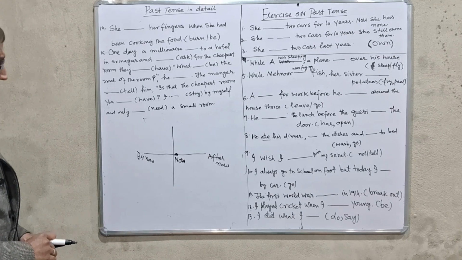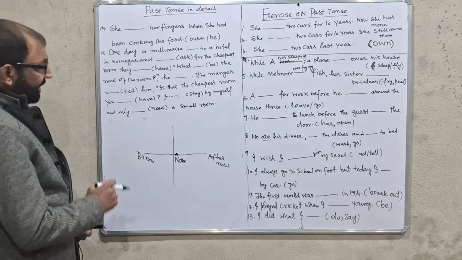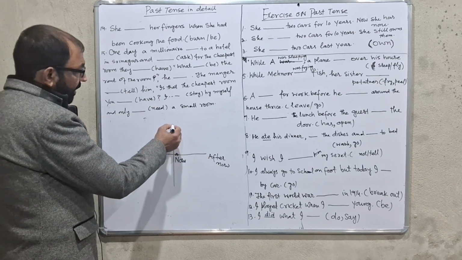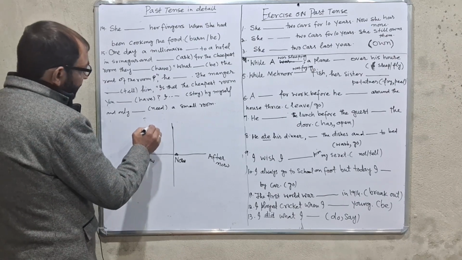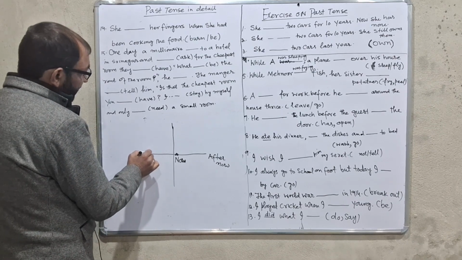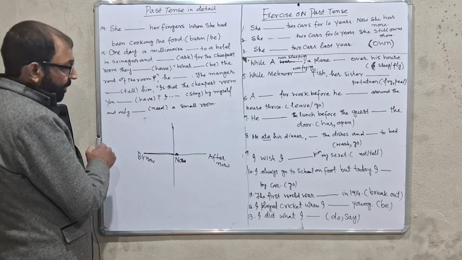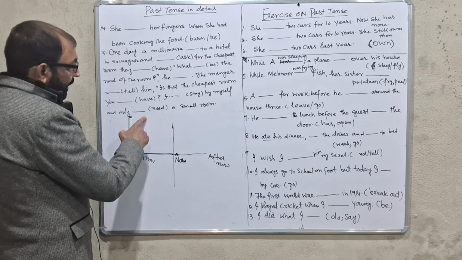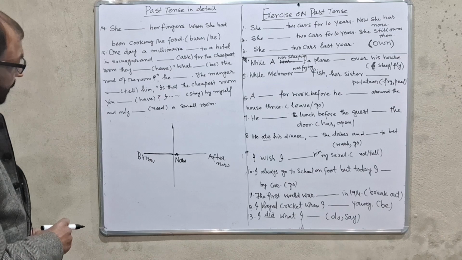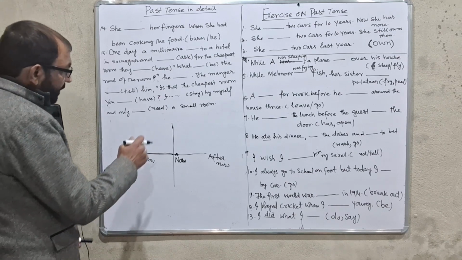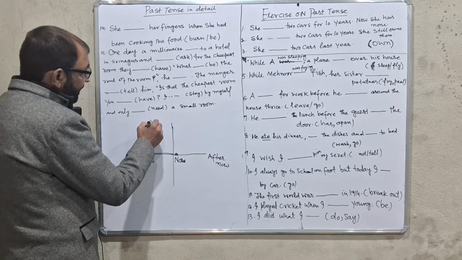Past simple tense or past indefinite tense are the actions that take place at a time before now, meaning past, and these actions are shown by time adverbials like yesterday.